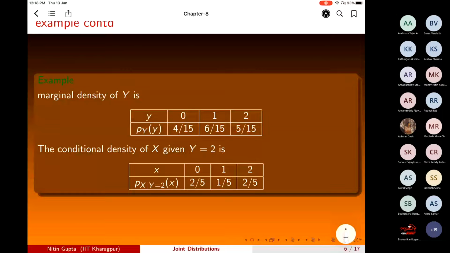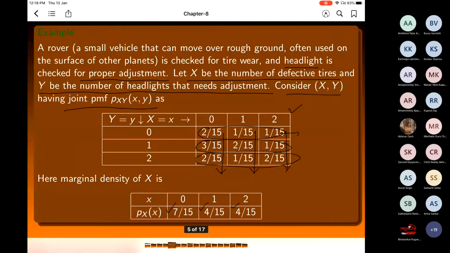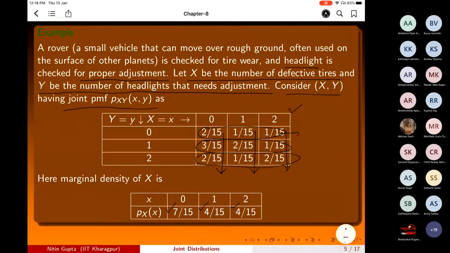Okay. So in this fashion, you can also find the conditional density of X given Y equals 2. So the first value will be P(0, 2) over P_Y(2). P(0, 2) is 2/15, divided by P_Y(2), which is 5/15.